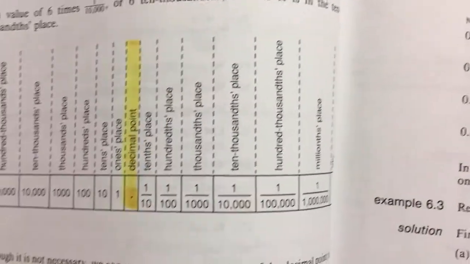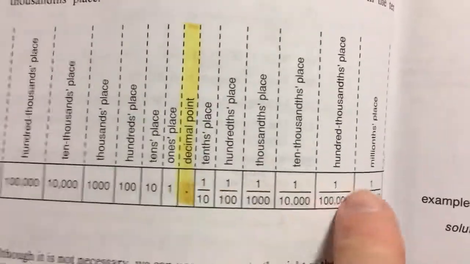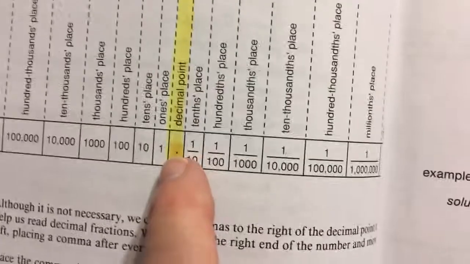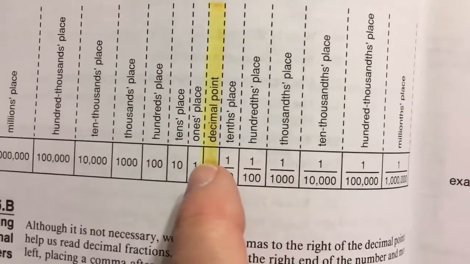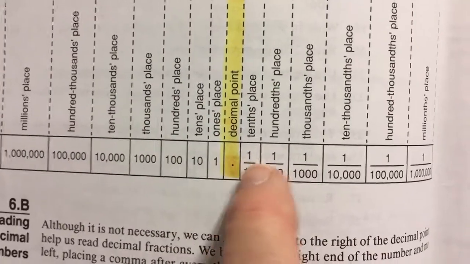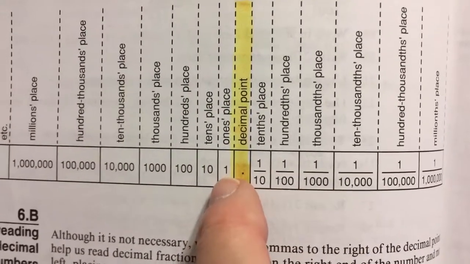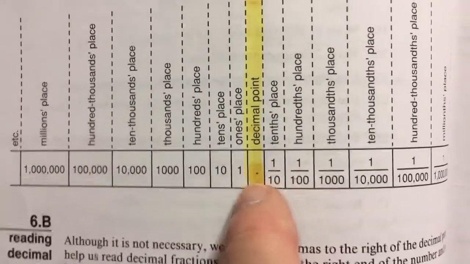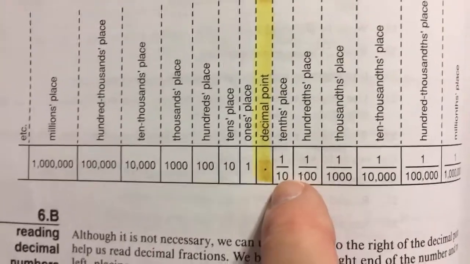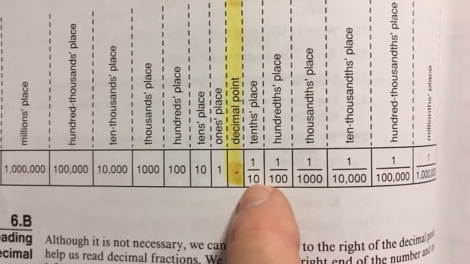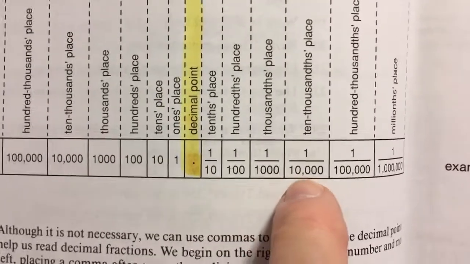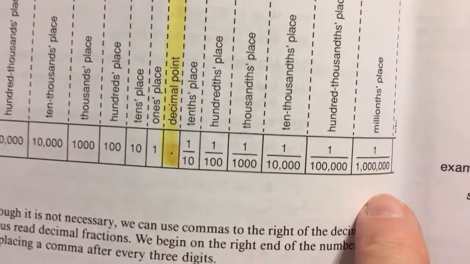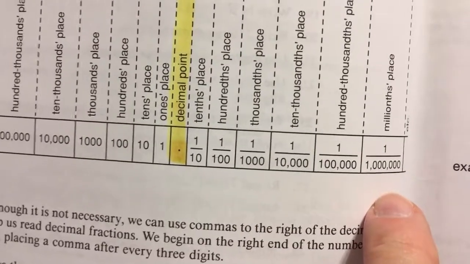Well, as we move to the right, we're dividing by 10. So we go from the ones place, move one to the right, and it's the 1/10. We divide by 10, again, and again. Each time we move to the right, we're dividing by 10.